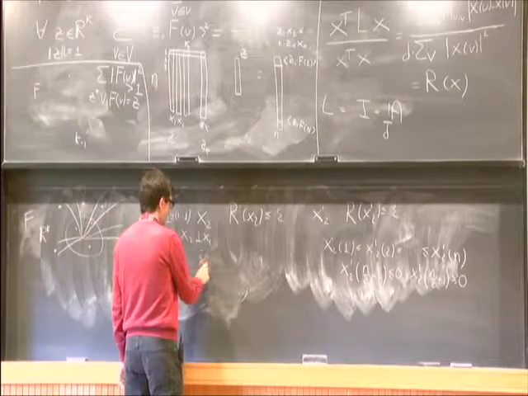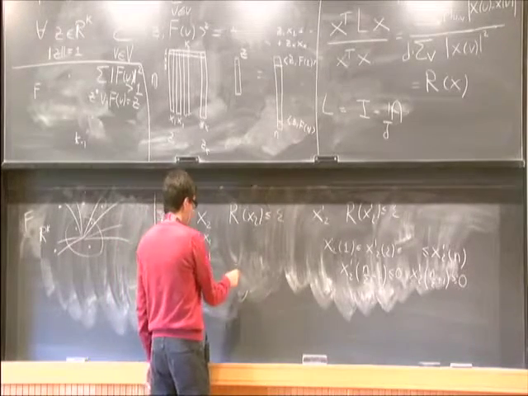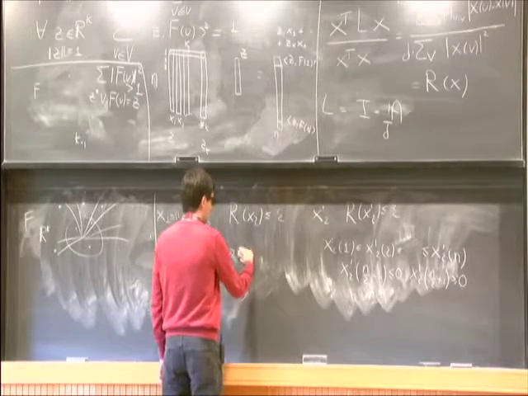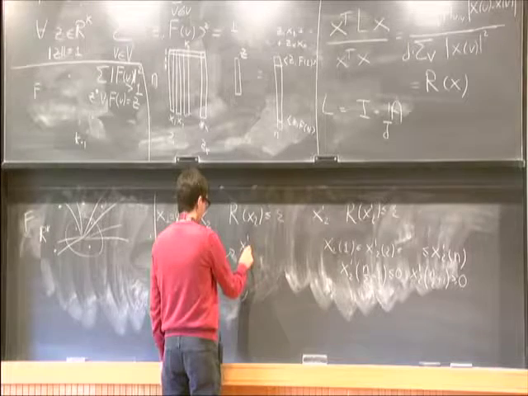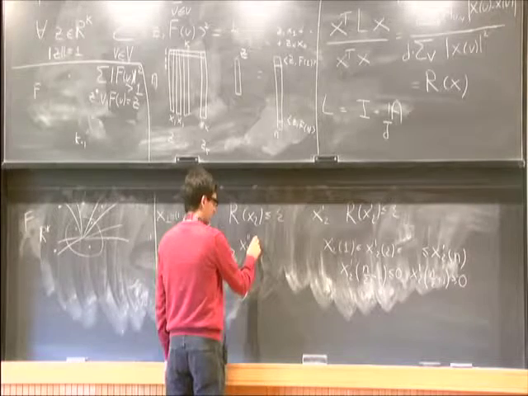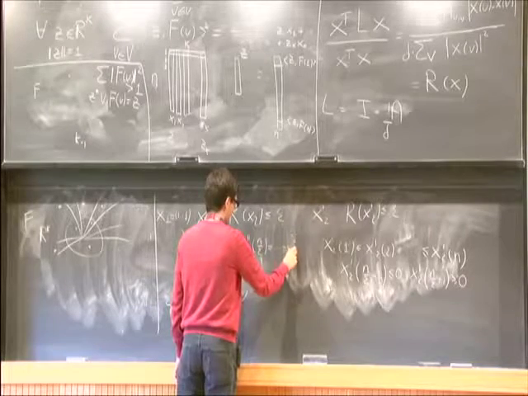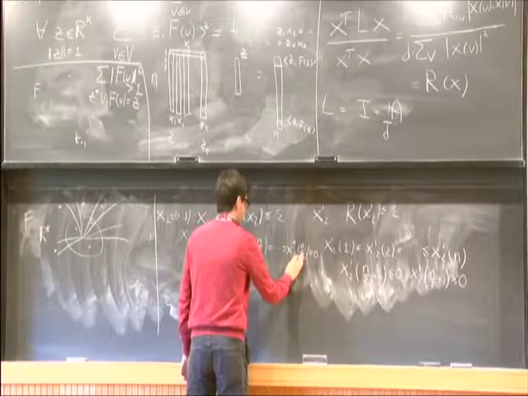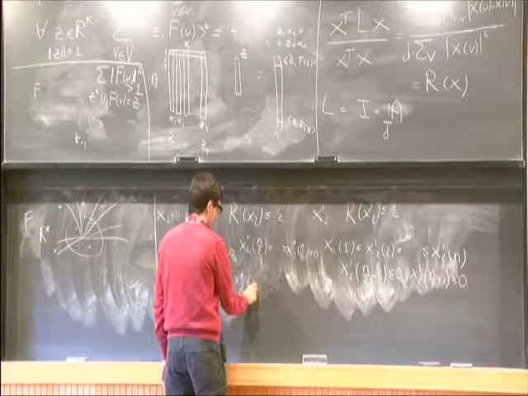And now let's modify it again by one of two operations. We either take all the positive entries and make them 0, or we fix the first n over 2 entries to be 0.